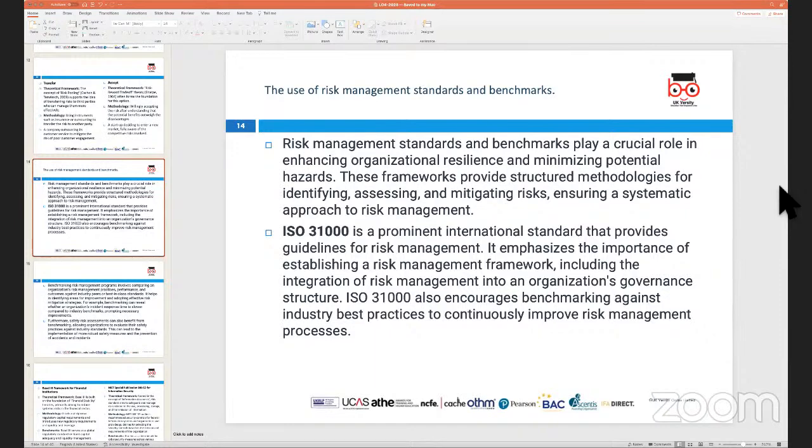This standard is a comprehensive framework which allows organizations to adopt best industry practices to manage, mitigate, avoid and transfer risks if they face any such problems in operating the business.